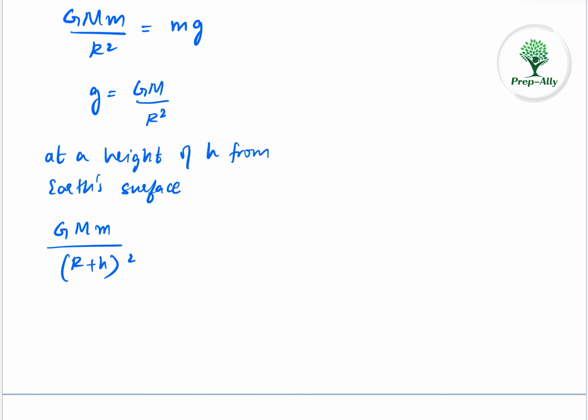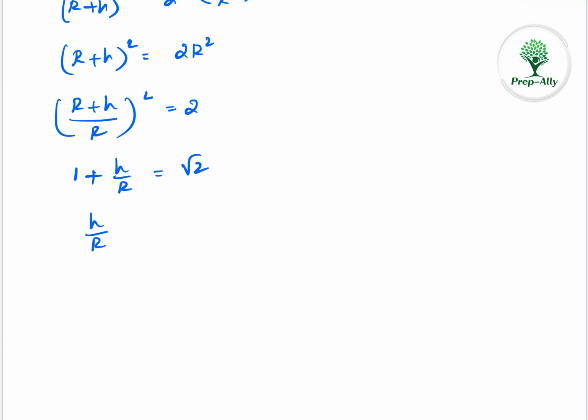So r plus h by r can be written as r by r, which is 1, plus h by r. You take the root. So we are left with h by r is root 2 minus 1, or h is r into root 2 minus 1. So we now have figured out the value of h in terms of r, or let's also say r in terms of h by root 2 minus 1.